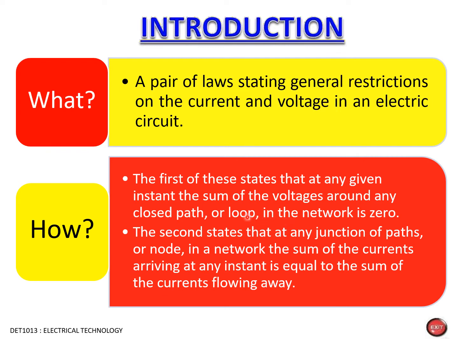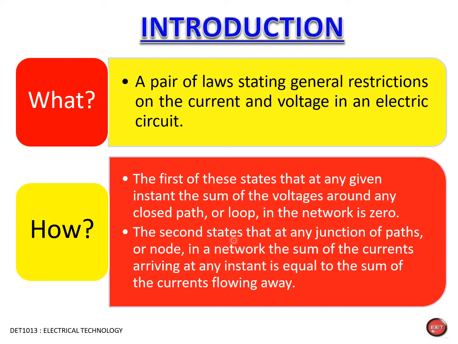What the first law states is, at any given instant, the sum of voltages around any closed path, which is also known as a loop, in the network, that is in the circuit, is always equal to 0.